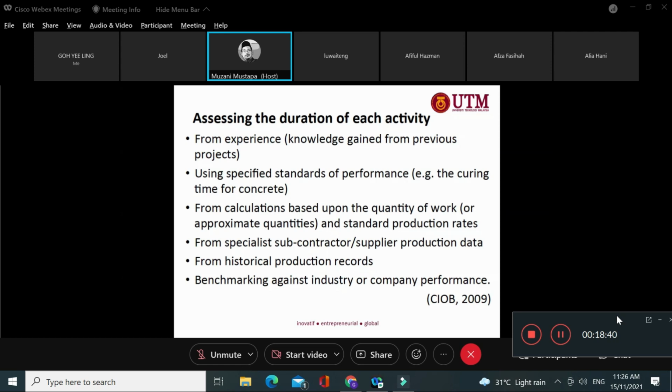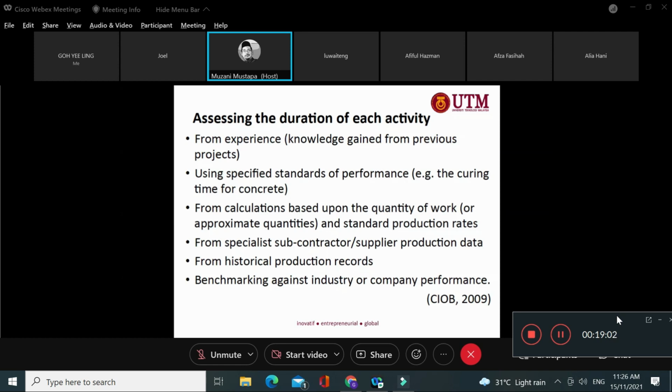So this is very hard. The key point here is that duration is part of the client's objective, apart from the budget, ceiling price, and quality, which are spelled out in the drawings and also in the specification of works and so on.